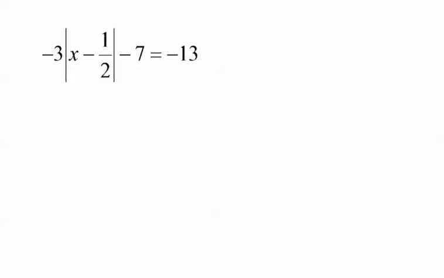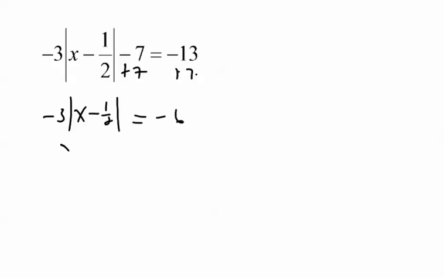Here's one. At first glance, you would think it's no solution because of the negative, but I've got to add 7. So I get negative 3 times the absolute value of x minus 1/2 equals, I believe that's negative 6.